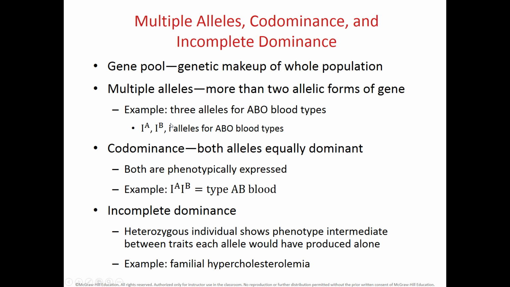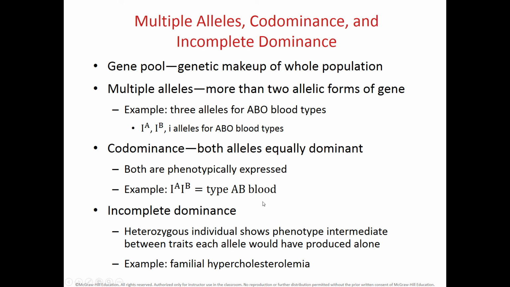So for instance, if one of the parents has this lowercase i and it combines with this capital IB, the person will have B blood type. And if someone has a lowercase i that combines with a capital IA, the person will have an A type of blood. In this case, the lowercase i is non-dominant.